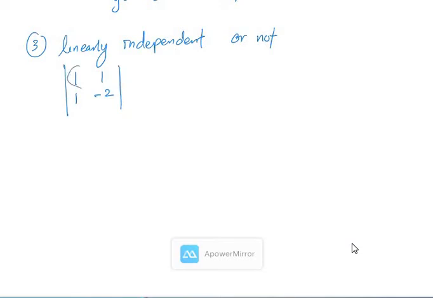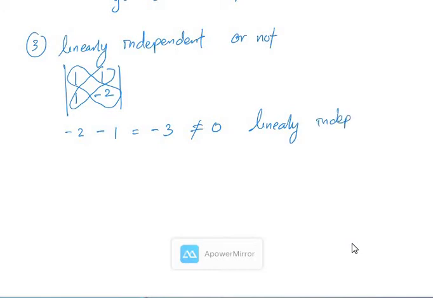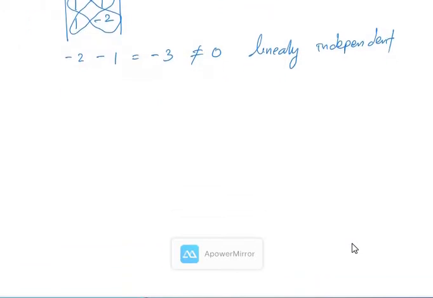So you multiply this one and minus this one. So you have negative 2 minus 1, which is equivalent to negative 3, and this is not equal to 0. Therefore, this is linearly independent. If not equal to 0, that is linearly independent. If equal to 0, that is not linearly independent. And then step number 4 is the general solution.